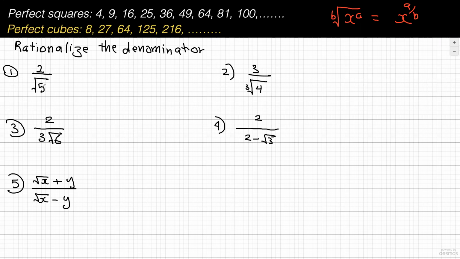We don't want irrational. This is irrational because it's square root of 5. So to do that, you have to multiply top and bottom by root 5 over root 5. So basically multiplying by this, and whatever you do to the bottom, you do to the top. So if we look at this, 2 times root 5 is just going to be 2 root 5.